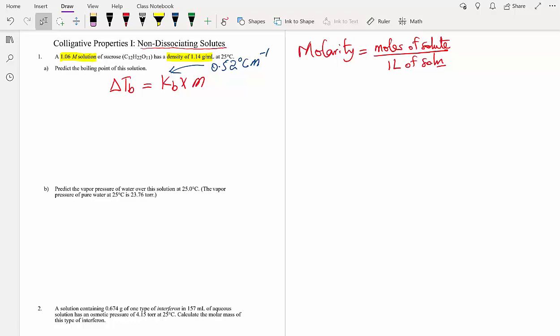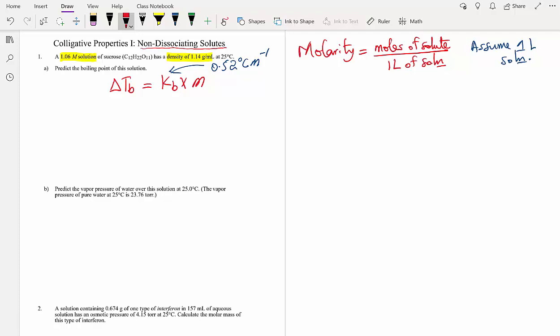In this question, we do not know anything about the volume of the solution. So, we're going to make an assumption for it. Let us assume that we have 1 liter of the solution. You only get to make this type of assumption if you need the volume and nothing about the volume was offered to you. Let us now continue.